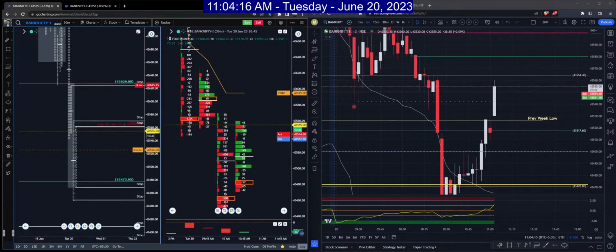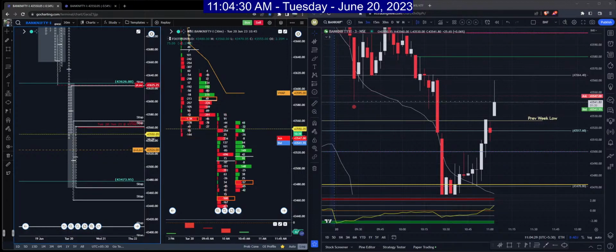Okay, point of control has now shifted lower. So the single print which was there has been cleared.